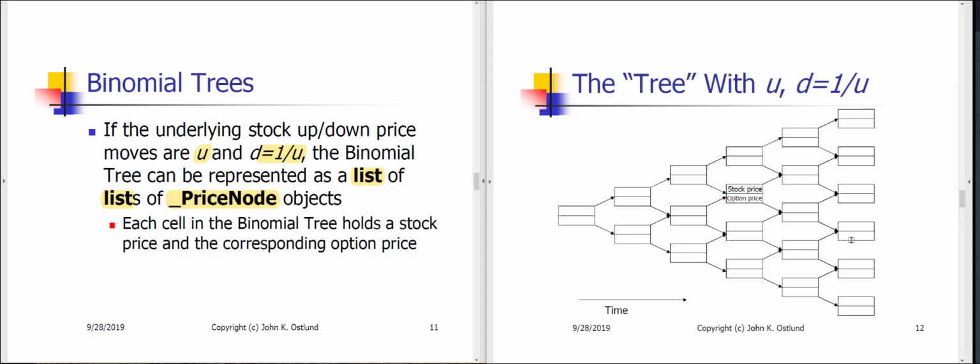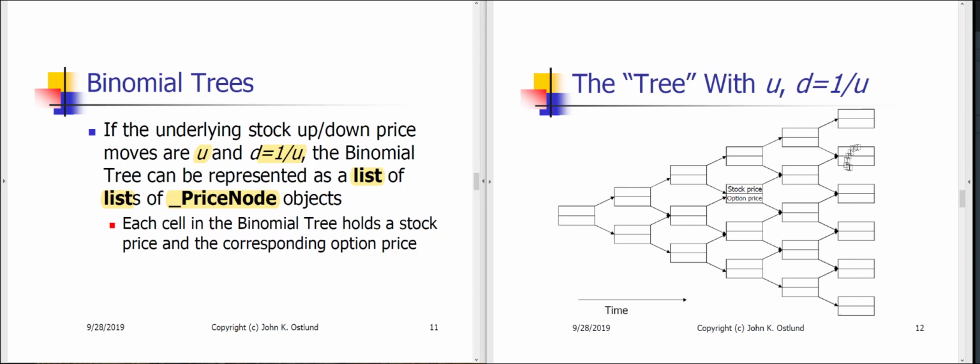Eventually, we get to time t, the expiration time, having taken 5 time steps. And this upper right node is going to contain the stock price based on going up 5 consecutive times. Likewise, the lower right stock price will be the price from going down 5 consecutive times. The nodes in between can be arrived at through several different up-down permutations.